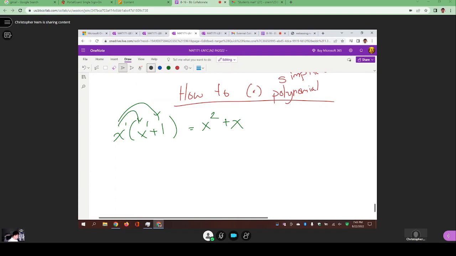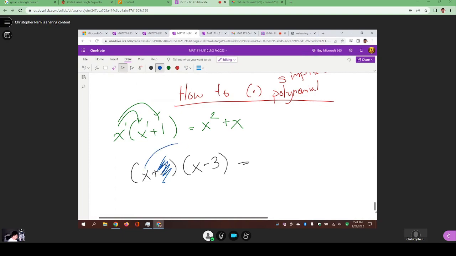Mono means 1. This is a monomial times a binomial. Sometimes you might have more. In particular, what if I had a binomial times a binomial?